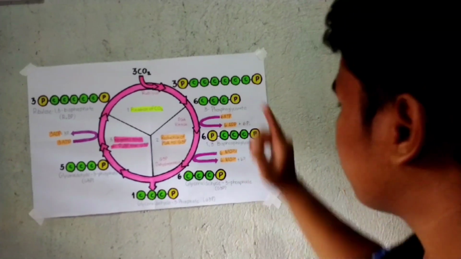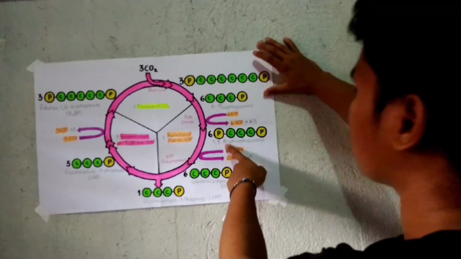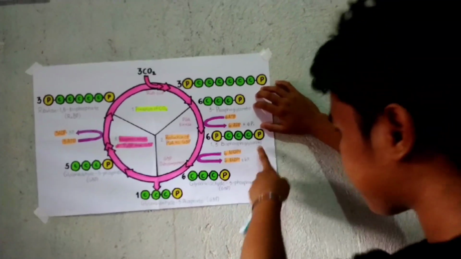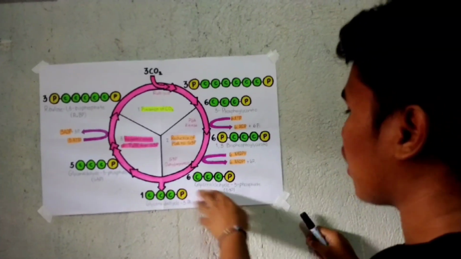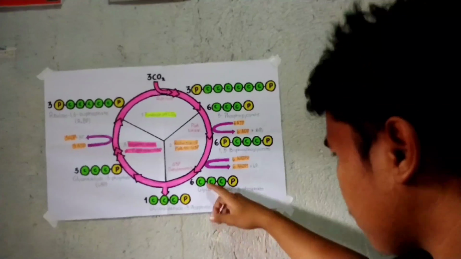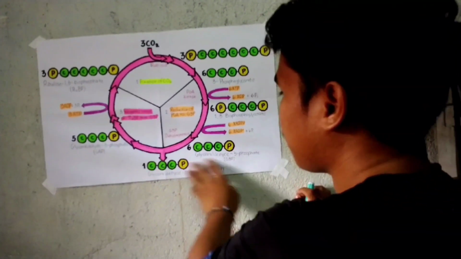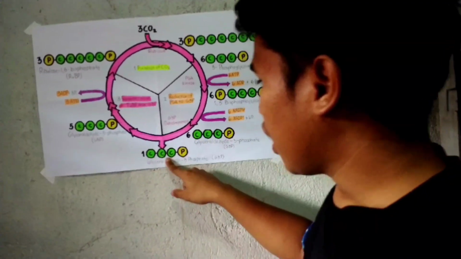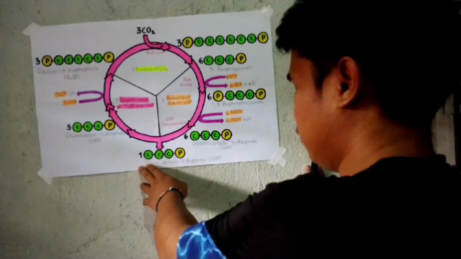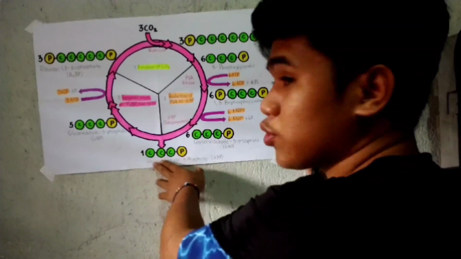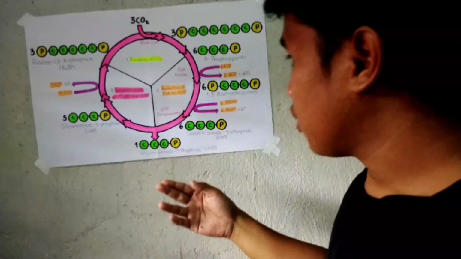Because we have 6 1,3-bisphosphoglycerate, we will also have 6 glyceraldehyde 3-phosphate. As it continues the process, one of the G3P will go down and will be used to produce sugar. So we will move on to the third stage of the Calvin cycle.